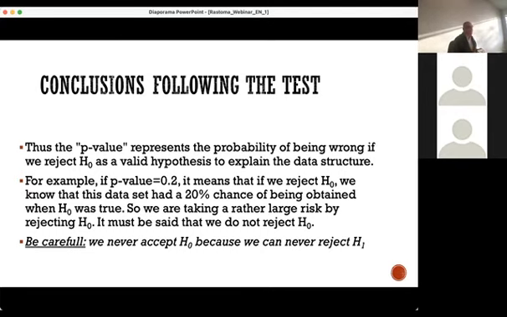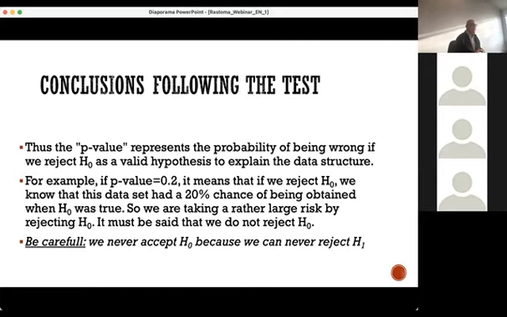So you are taking a large risk to reject H0 because the data have 20% of chance to have been obtained with H0. Then in this case, you can say that you do not reject H0.